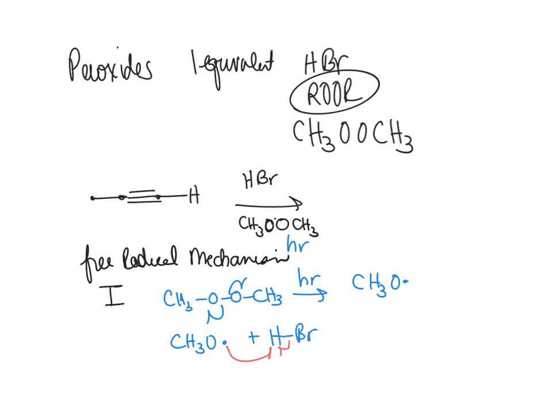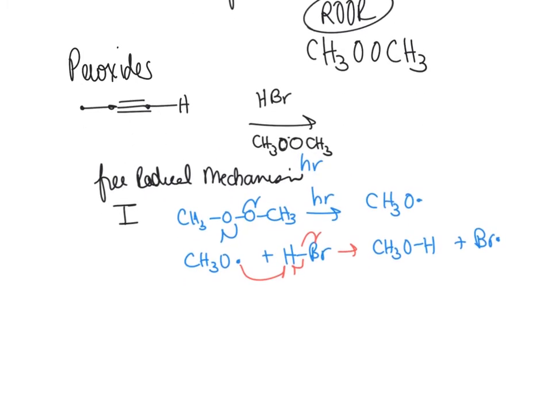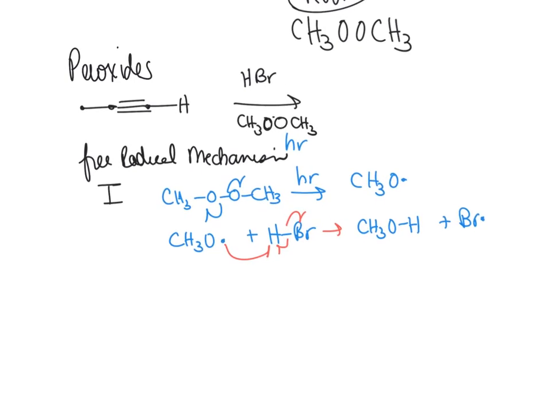So now this goes here. And now you have an alcohol, which we don't care about, but you get a bromine radical. The bromine radical is what you're going to put in your propagation step 1. So here we have the alkyne plus the bromine radical, and this is going to add here, and this is going to make a bond.